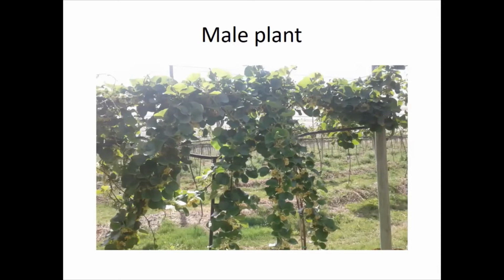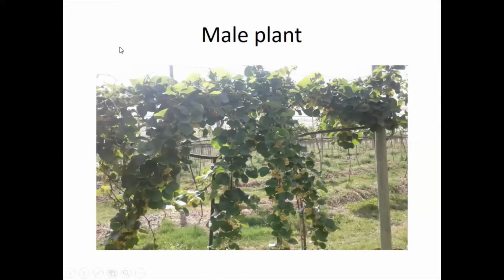Then Mr. Sibanyoni, excuse me. Yes, Mr. Shalam. I just wanted to ask at what ratio are you planting your male and female seedlings for successful or better pollination? Yes, I was still coming to that.